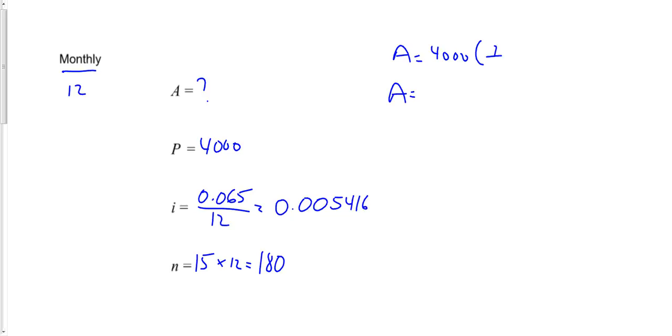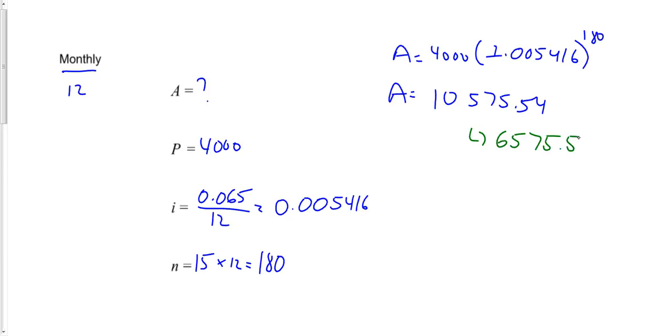So the A value is 4,000 times 1.005416, all raised to the exponent 180. If I do 1.005416 raised to the exponent 180 and multiply that by 4,000, that gives me $10,575.54. If I subtract the original $4,000 investment, it gives me $6,575.54. Okay, now we're clear.